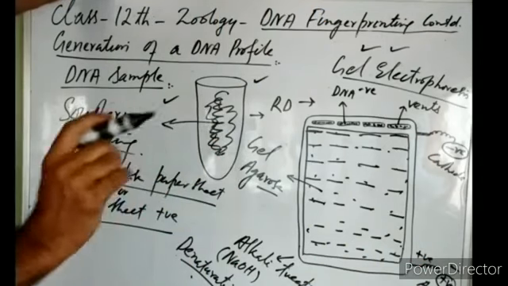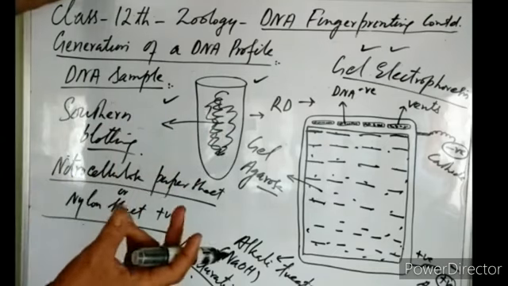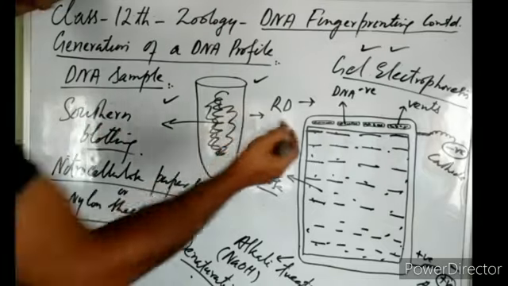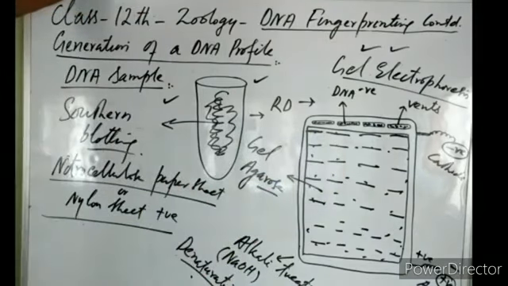DNA being negatively charged, nitrocellulose paper being positively charged, attracts the negatively charged DNA towards itself. And this negatively charged DNA sticks to the nitrocellulose paper, which is positively charged.